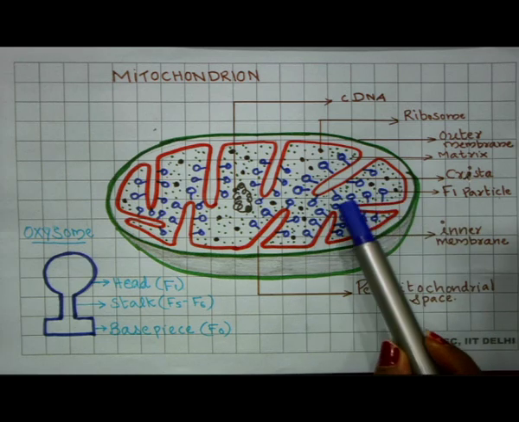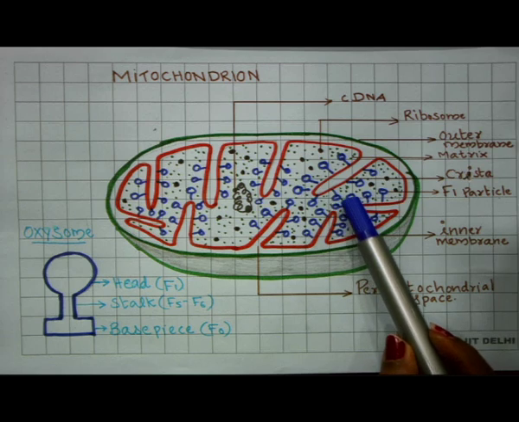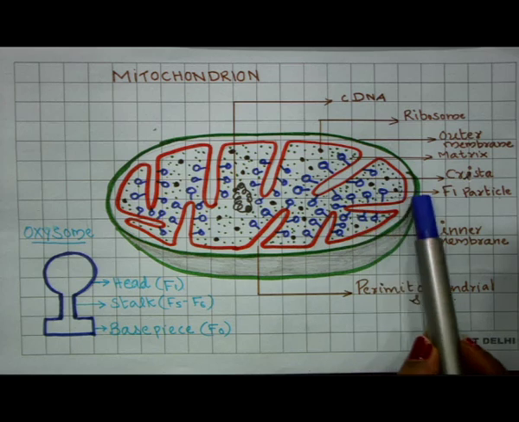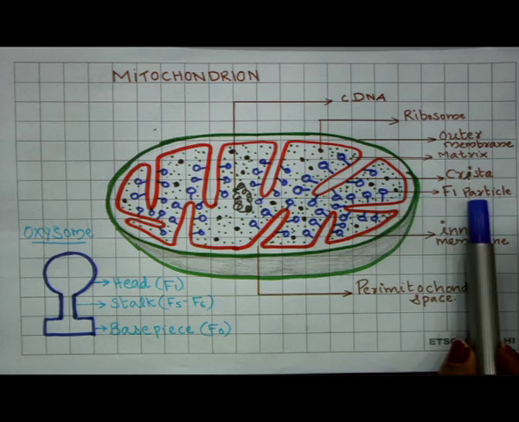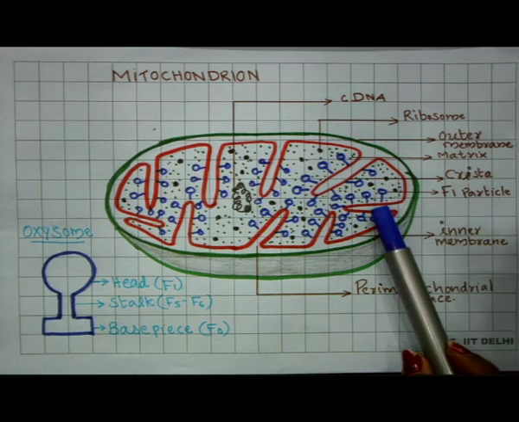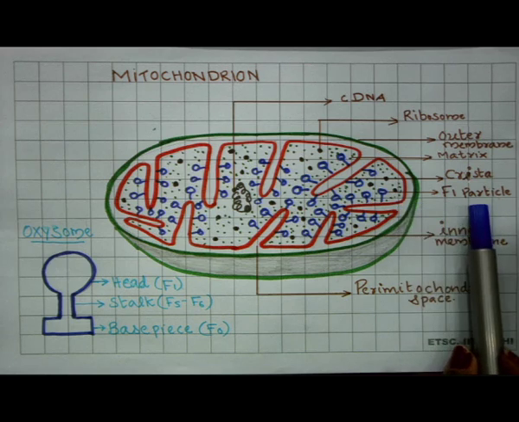Now, again you can see some stalked particles attached to these cristae. They are known as F1 particles, or fundamental particles, or elementary particles, or we can call them oxysomes.